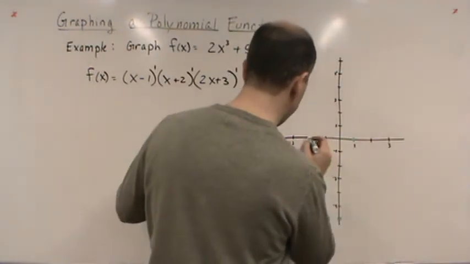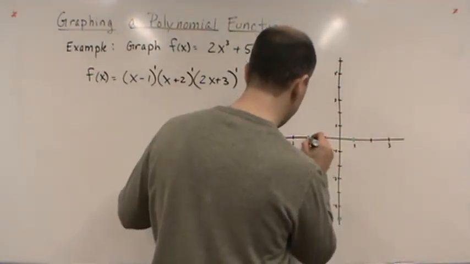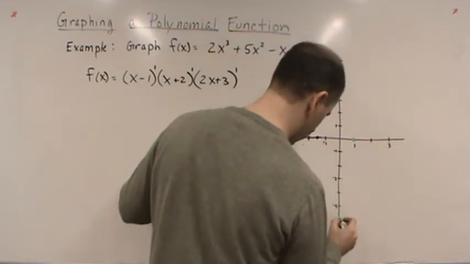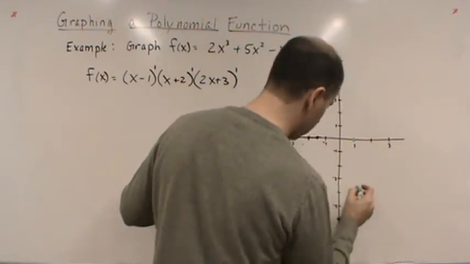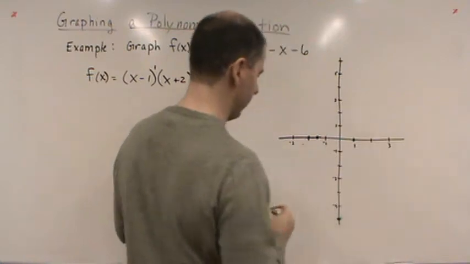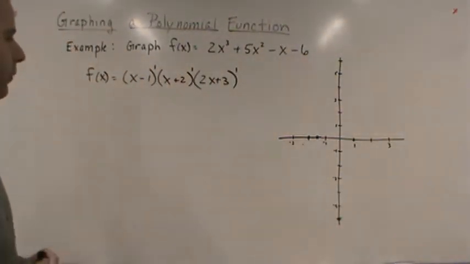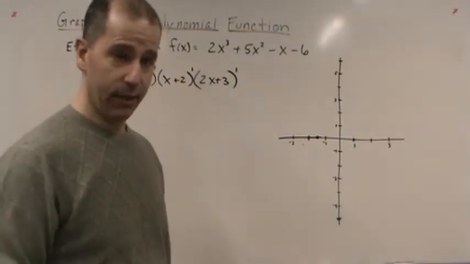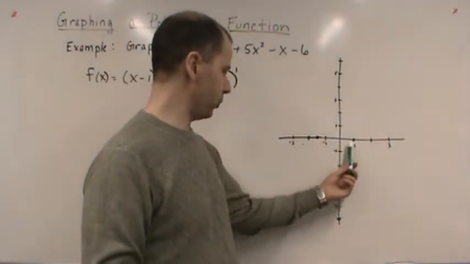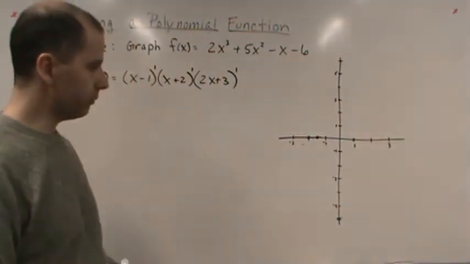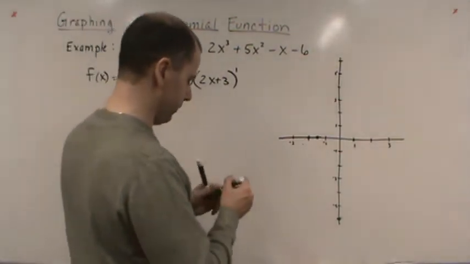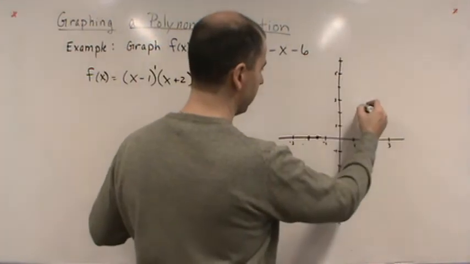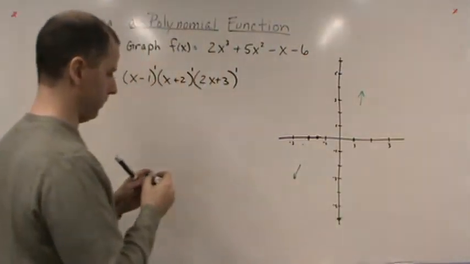Based on the last conversation, we know it crosses at each one of these because of the multiplicity. We also know with the end behavior that it has to be doing something like that.